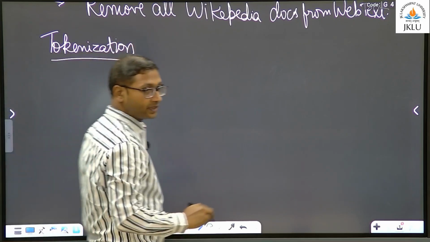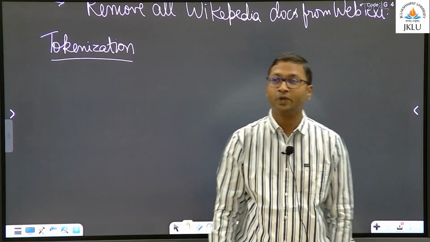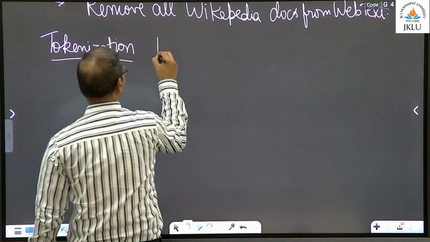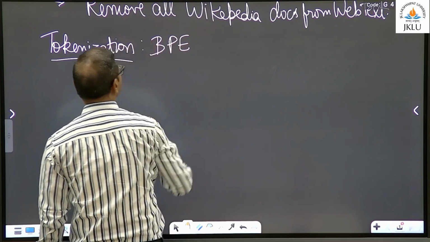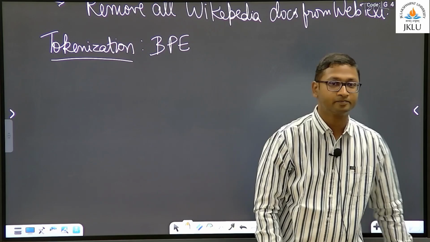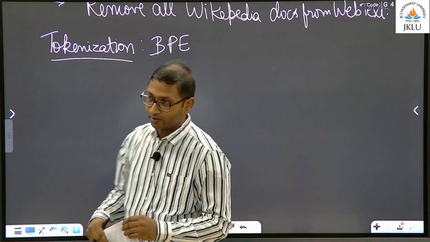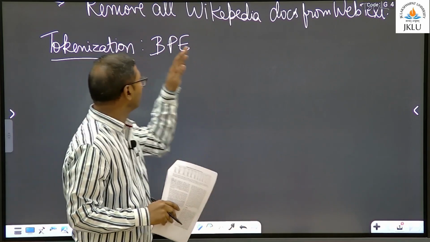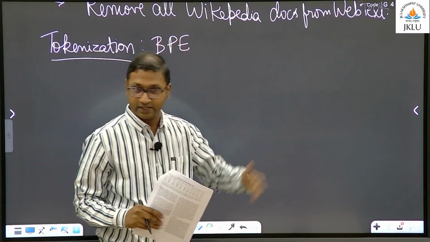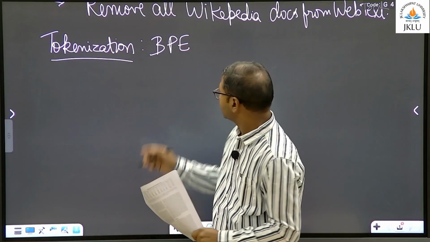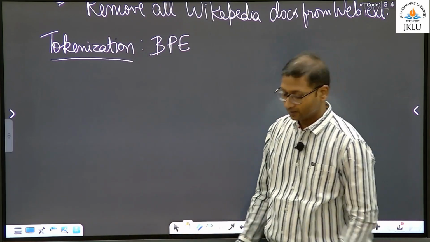Tokenization used in GPTs is BPE. What is the full form of BPE? Byte pair encoding. Even though they don't do byte pairing, because of the legacy, the 1994 algorithm, this is still called byte pair.